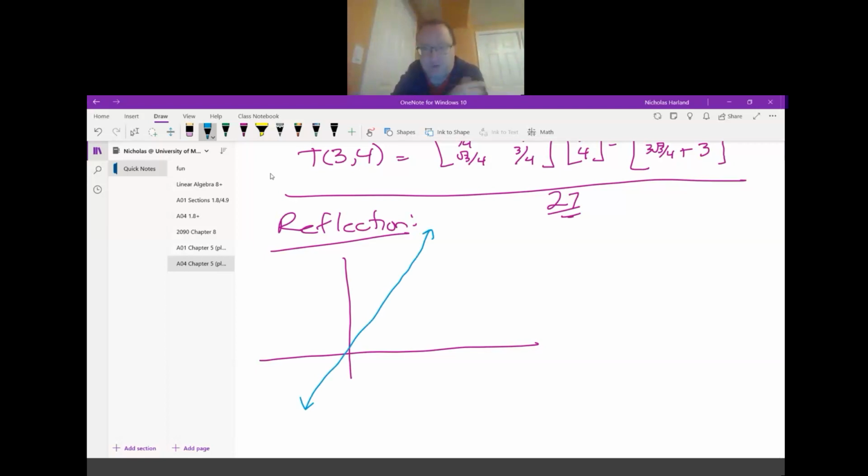The difference here, of course, is that we don't have a formula like the projection, so we're going to use our standard ideas, find our standard vectors, and work with it. Now this is reflecting, so we're finding T of 1, 0. If we take T of 1, 0, and we reflect it about this line, where does it go?